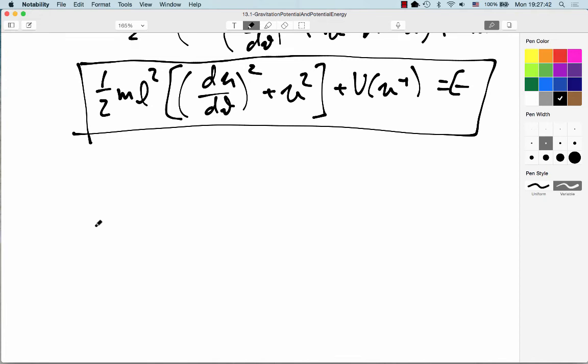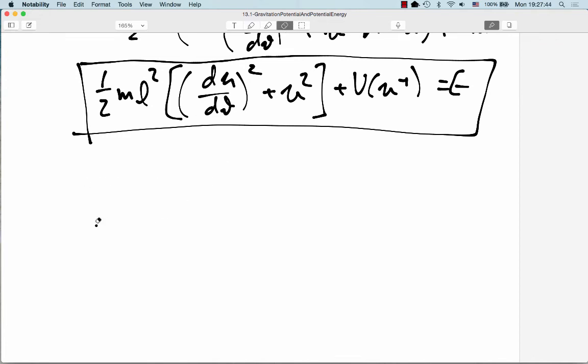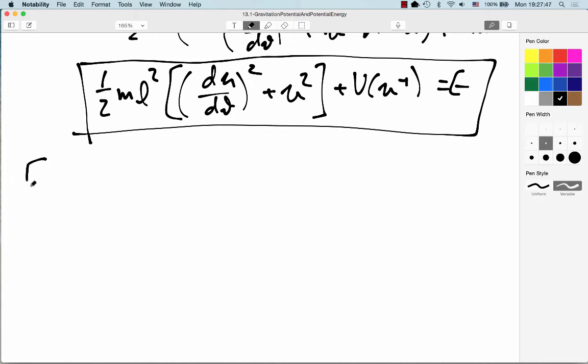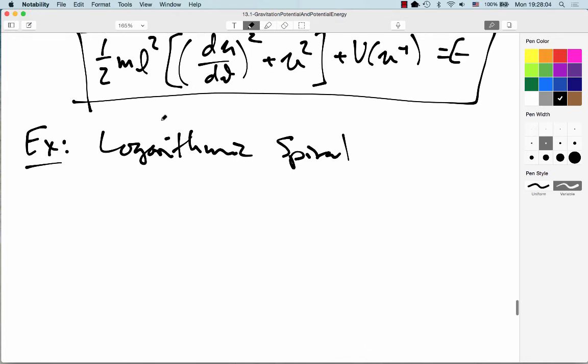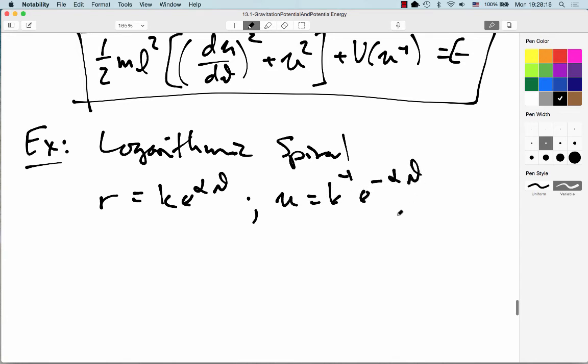So let's revisit from the previous video our friend the logarithmic spiral. Remember, we worked out that it has an inverse cube law as the force. So we had that r was equal to k e to the alpha theta. So that means our u is k to the negative 1 e to the minus alpha theta.